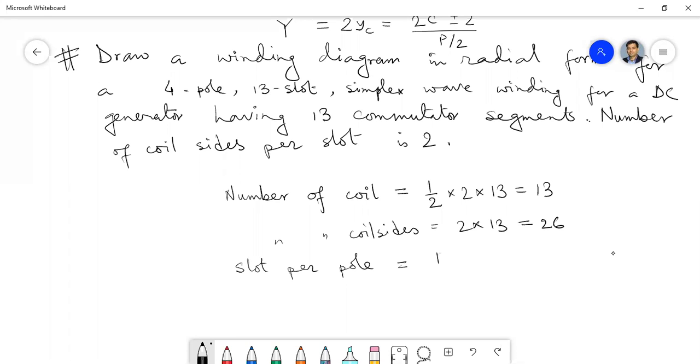How many poles? So 13 slots by 4, isn't it? Yes. So that means 3.25.